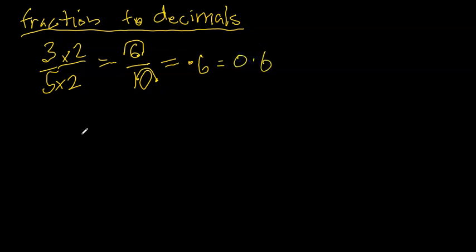Let's try another one. Let's say we have 7/25, and we want to write this as a decimal. Like I said, you look at the denominator and see how close it is to a 10, 100, 1,000, and so on, in terms of multiples. Here, if I multiply the denominator by 4, I repeat the same thing in the numerator.